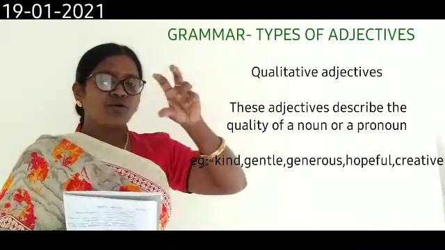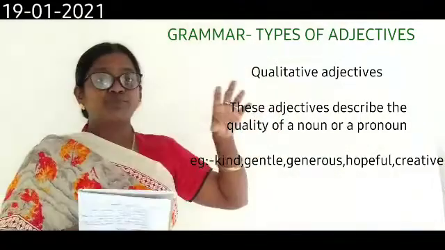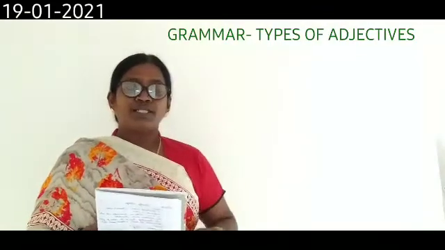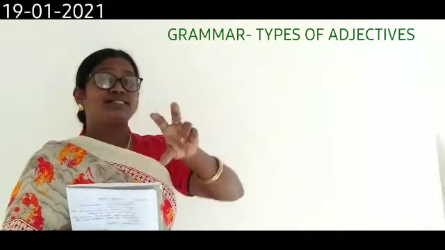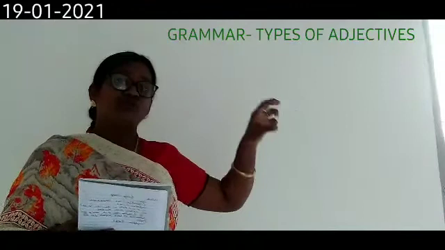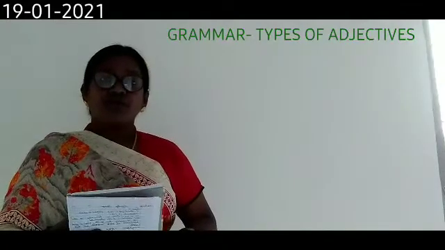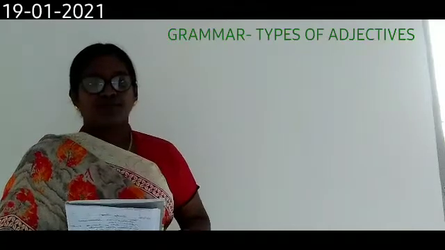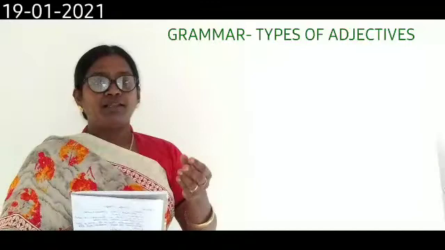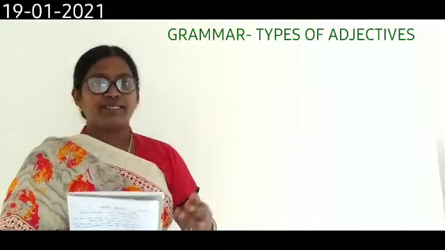These are all different types of qualities. The name of the quality is a noun. The qualities that we use to narrate a noun or a pronoun are qualitative adjectives.